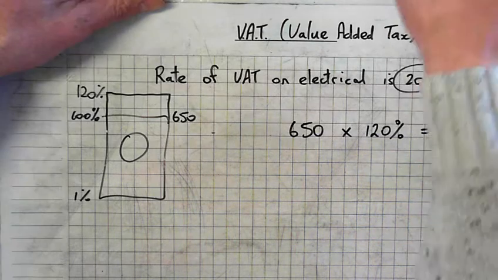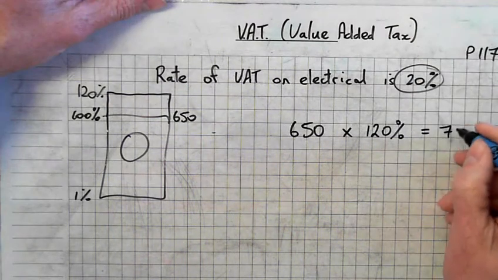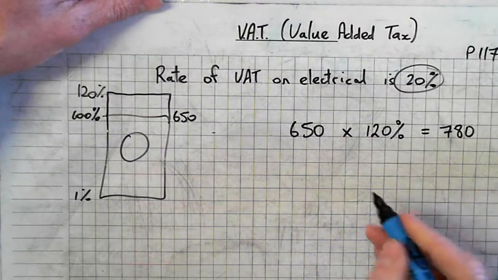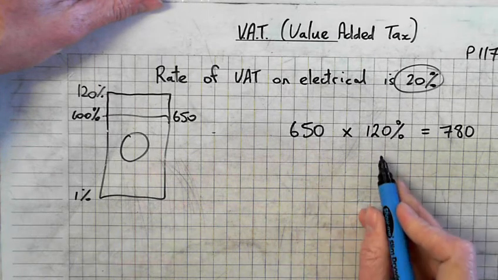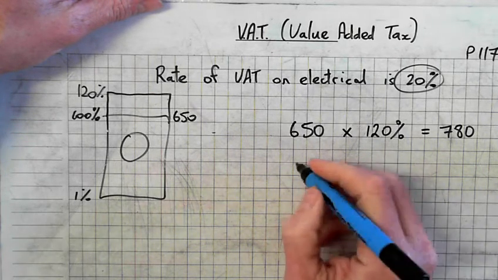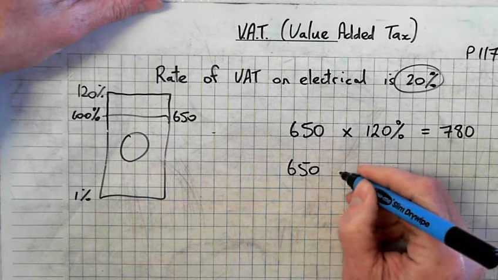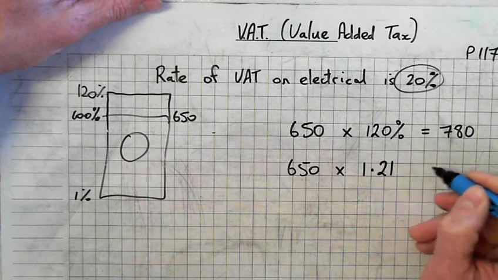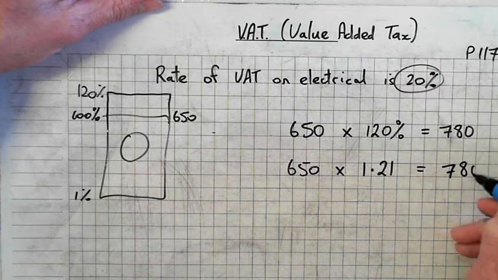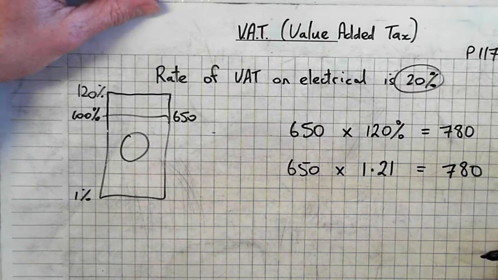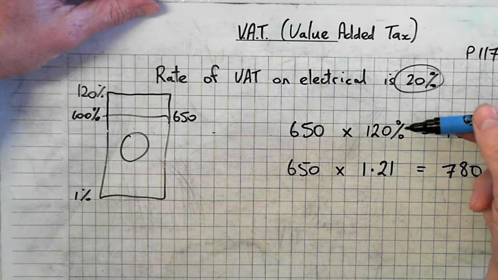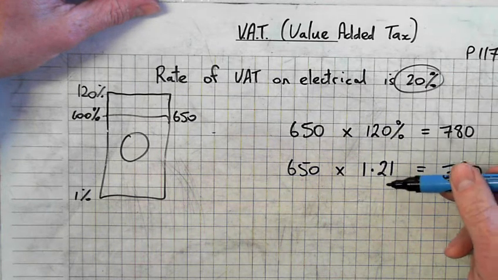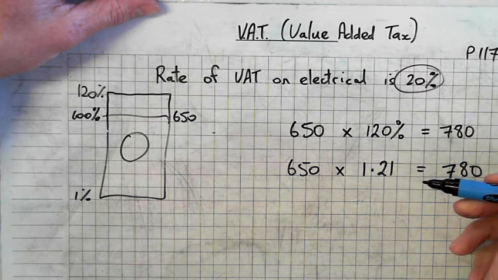And that should give me the same answer, 780. Instead of using percentage, how can I write percentage as a decimal? Third way of doing it, 650 times, what's that as a decimal? 1.2. Alright, so there's three ways of doing it. Multiply by the percent, or multiply by the decimal.